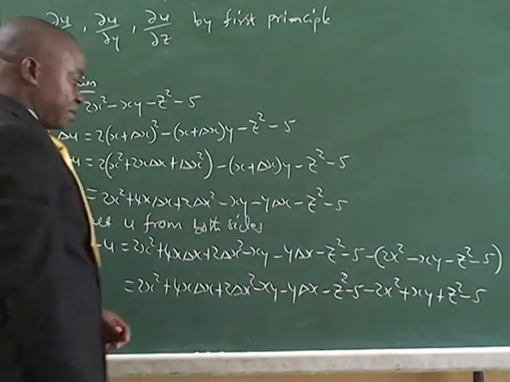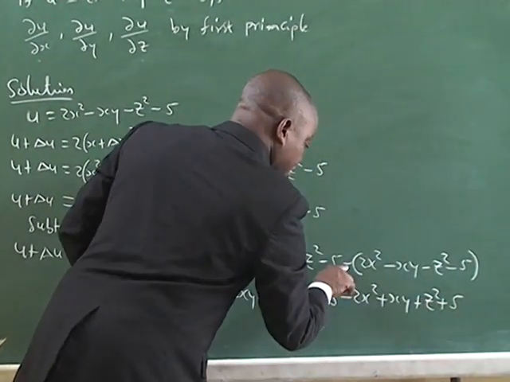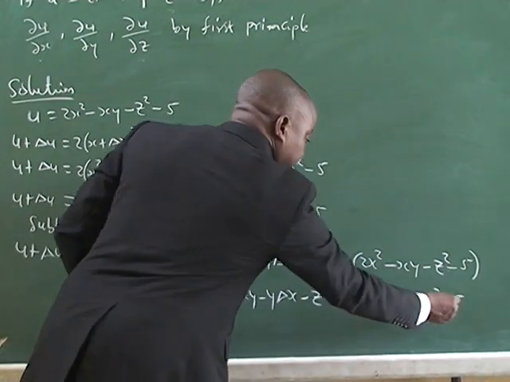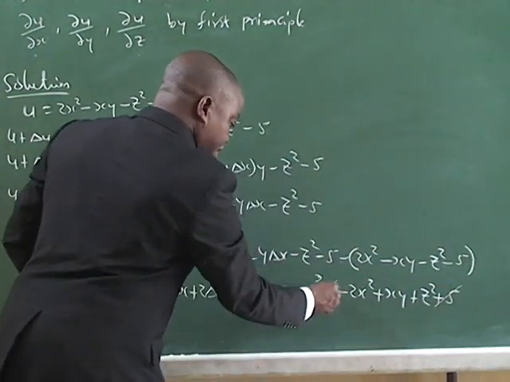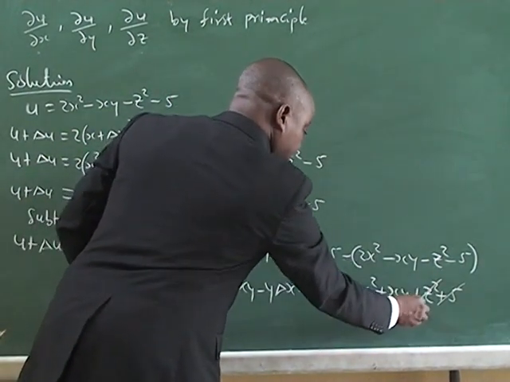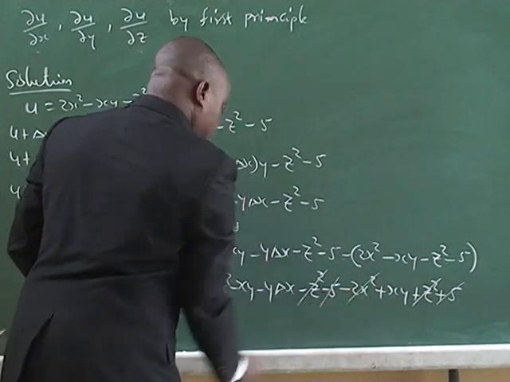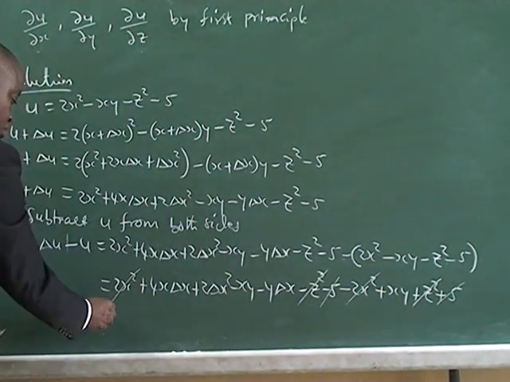In that case, we have plus 5 here because of opening this. So 5 can cancel here, minus 5. Then we have z squared, we have minus z squared, we can go. We have minus 2, and we have plus 2.